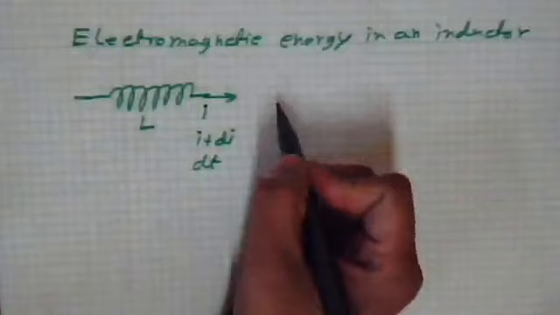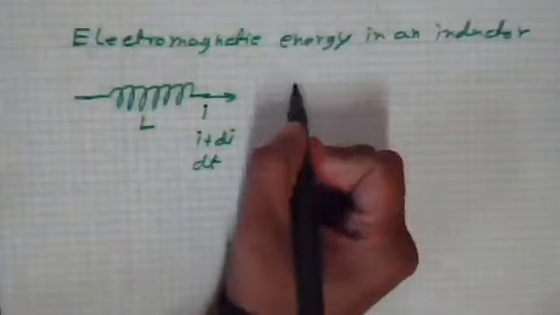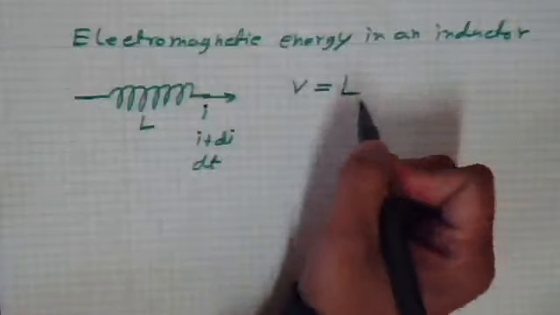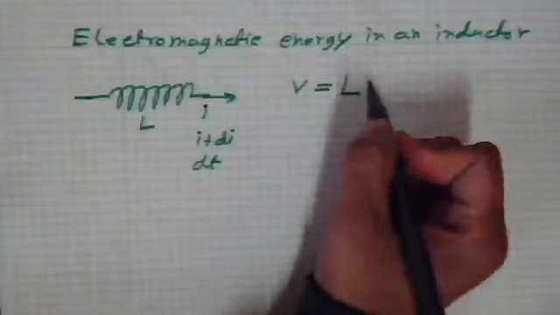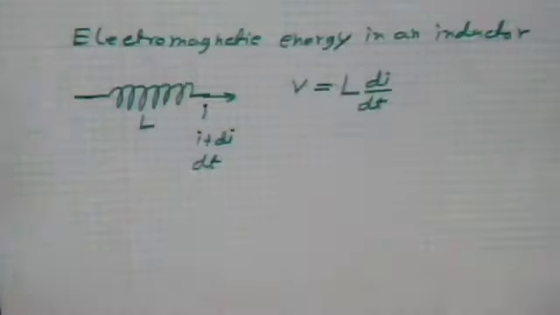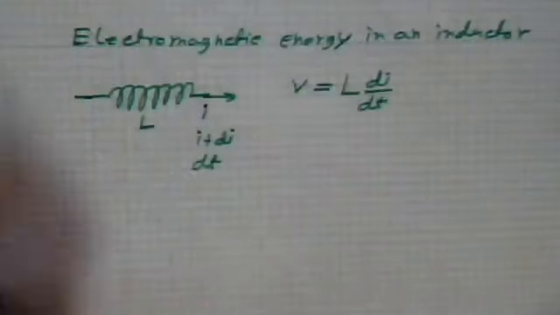Say that opposing voltage is equal to V. So what will that be? That is equal to L, the inductance of the coil, times the rate of change of current, which is di/dt. So this is the opposing voltage.